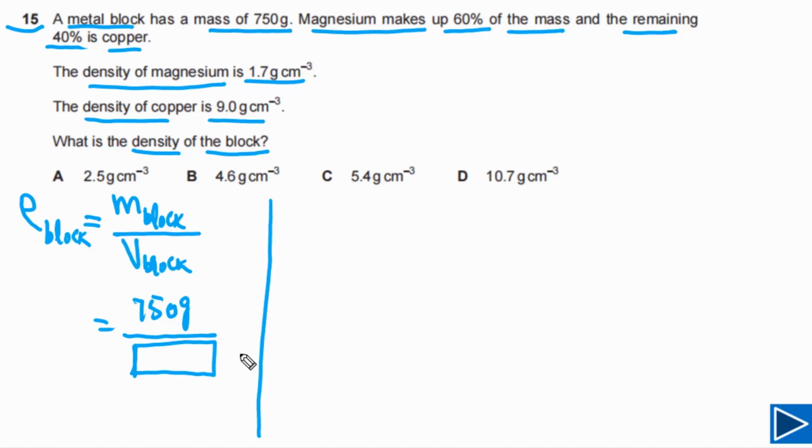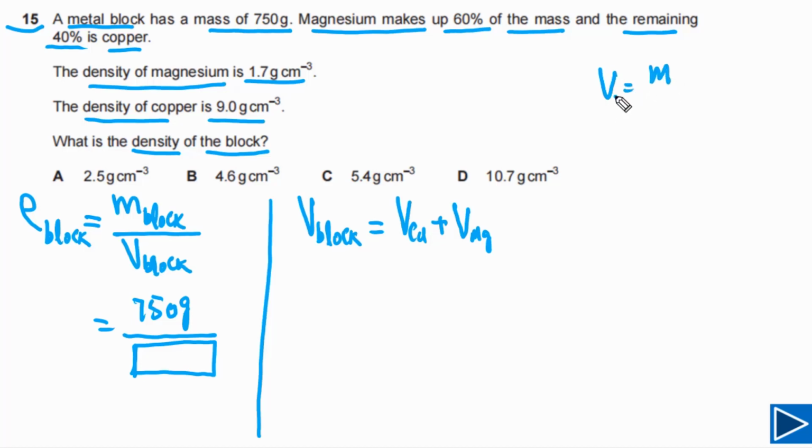In order to find the volume of the block, we need to understand that the volume of the block is in fact equal to the volume of copper plus the volume of magnesium. I will be writing here Mg, the symbol for magnesium. Now how can we find out volume? Volume will be equal to mass divided by density.